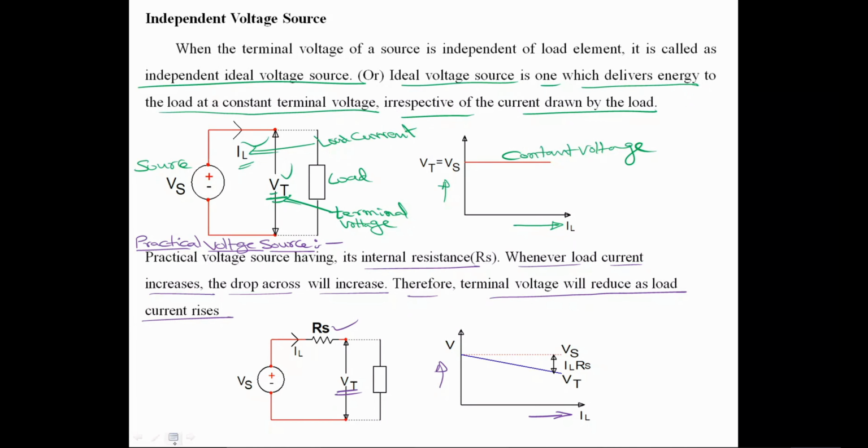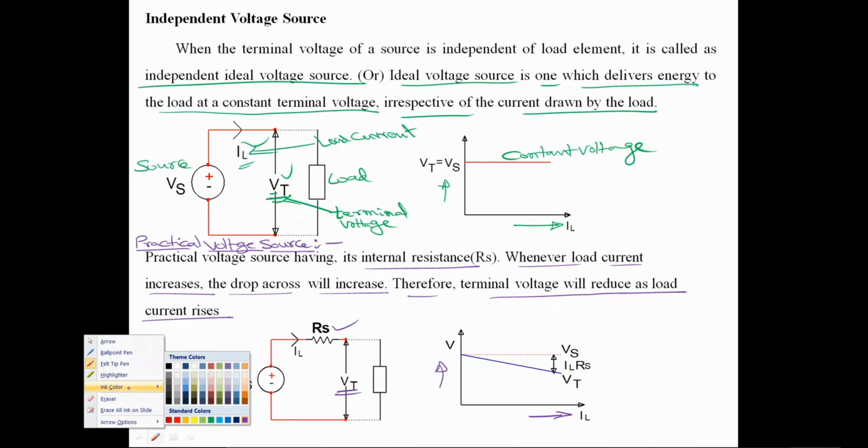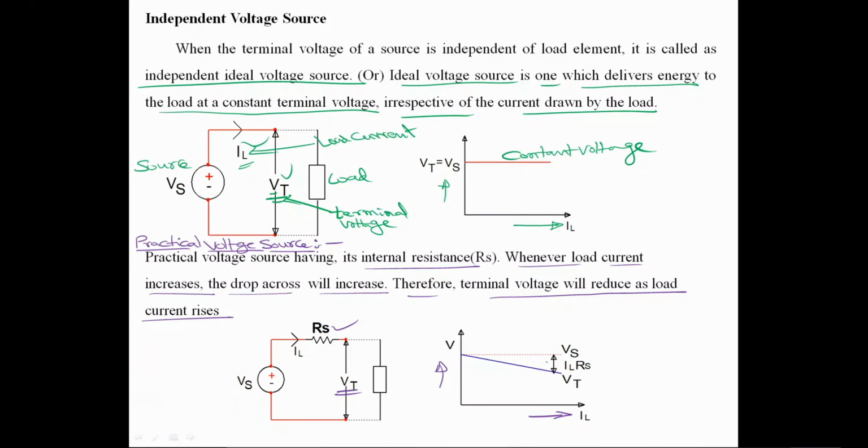And this gap is the drop due to RS, internal resistance. మన internal resistance లో కొంత voltage ఇక్కడ డ్రాప్ అయిపోతుంది. సో VRS అని అంటాం, ఇంటర్నల్ రెసిస్టెన్స్ వోల్టేజ్ డ్రాప్. మిగిలింది ఇక్కడ అవైలబుల్‌గా ఉంటుంది టెర్మినల్ వోల్టేజ్. అందువల్ల terminal voltage will decrease as load current is increasing in case of a practical voltage source.